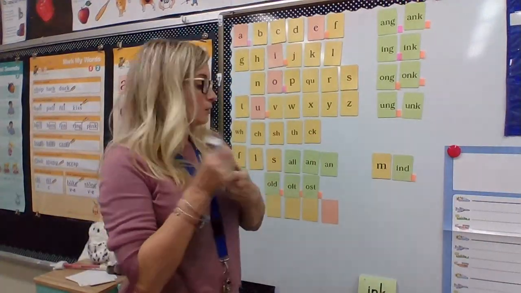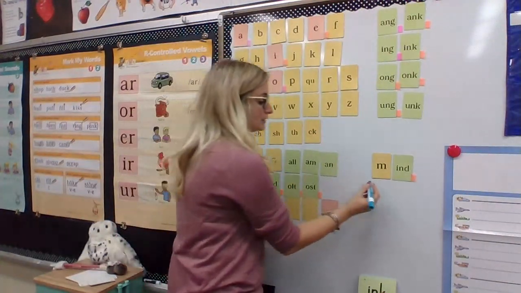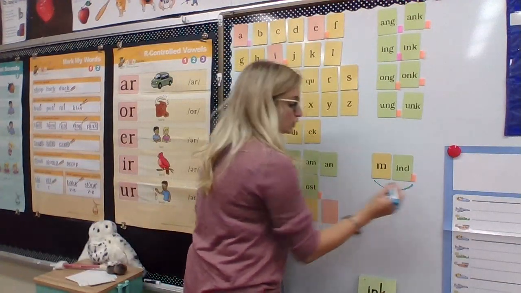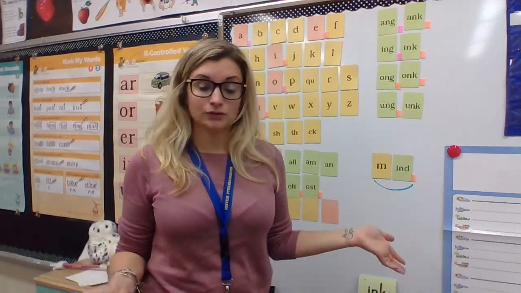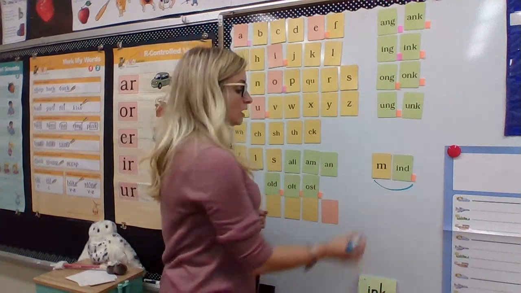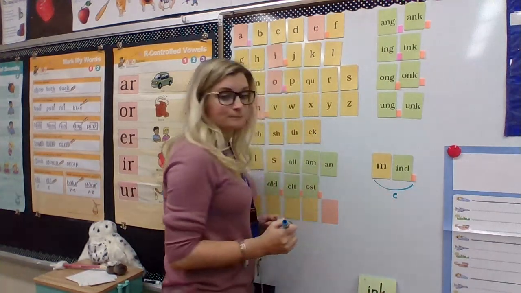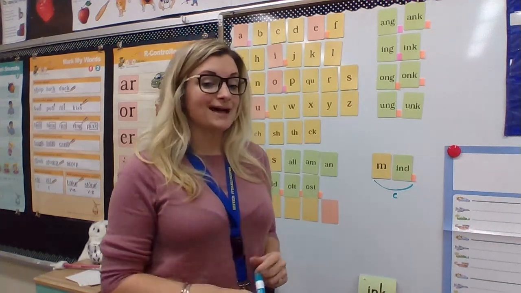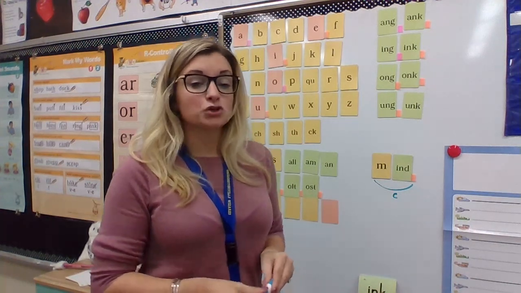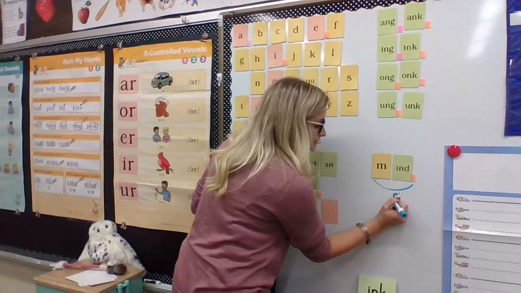So when we mark closed syllable exceptions, we still scoop it like we do a closed. Again, I like to scoop, but if you prefer to underline, you can underline. Scoop it. We put that C on the bottom. But now we have to add something to it. Remember, it's a closed syllable exception. So when we mark it, we actually put an X on the bottom.